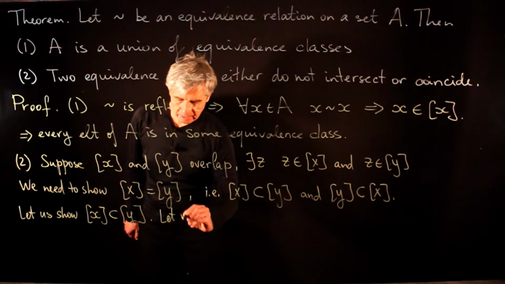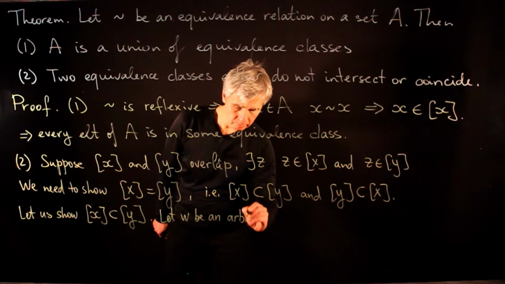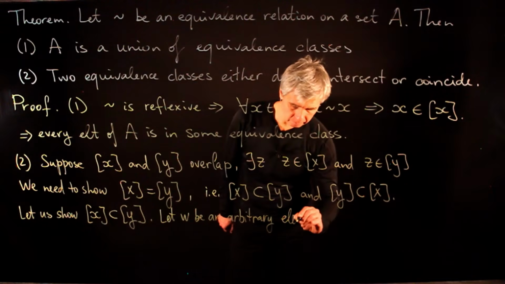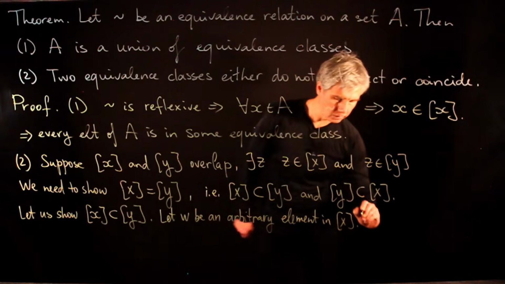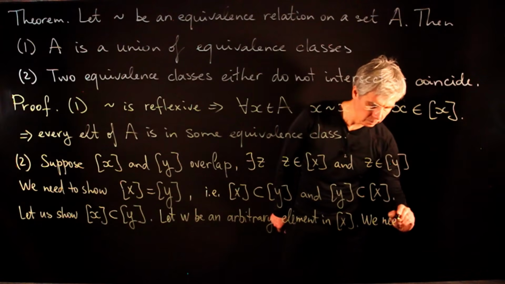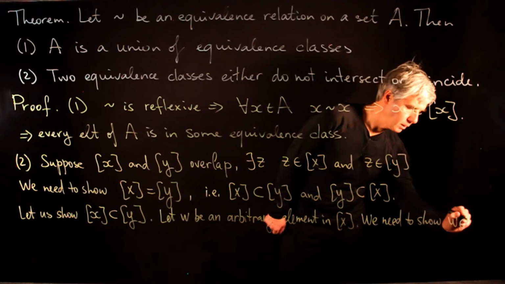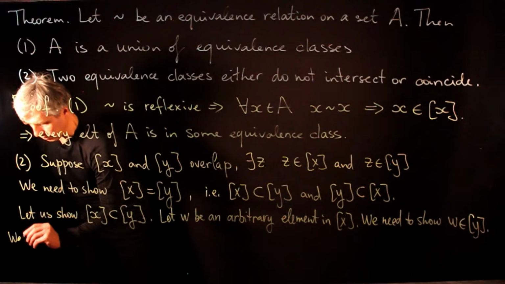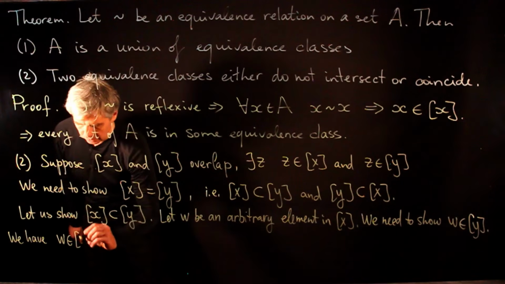Let w be an arbitrary element in equivalence class of x. So we need to show that w is in equivalence class of y. So what do we have? We know that w belongs to equivalence class of x.